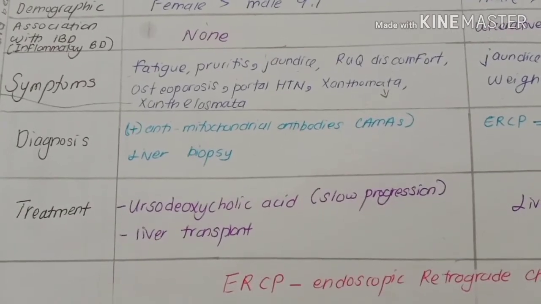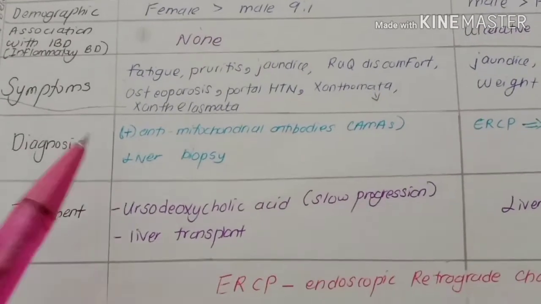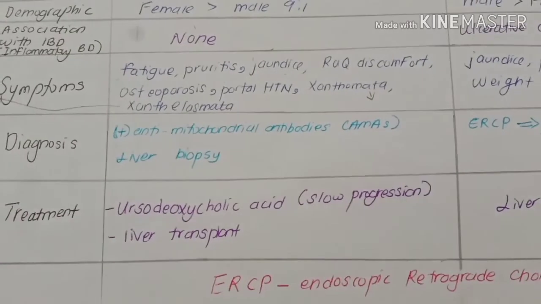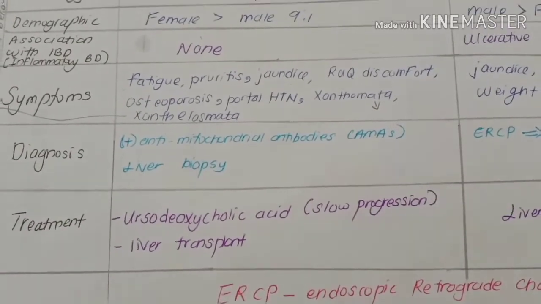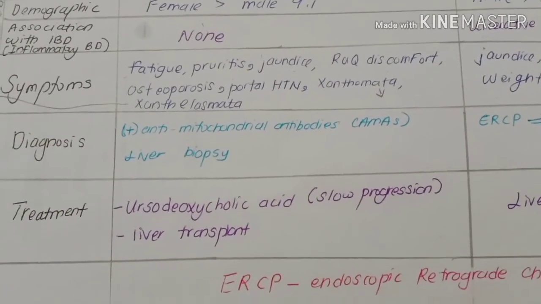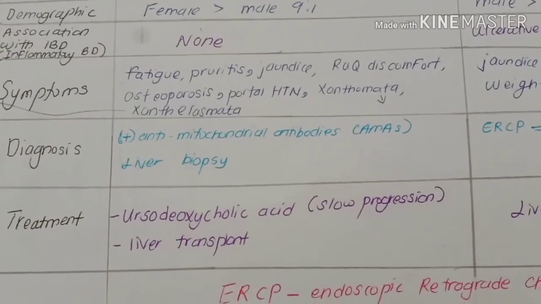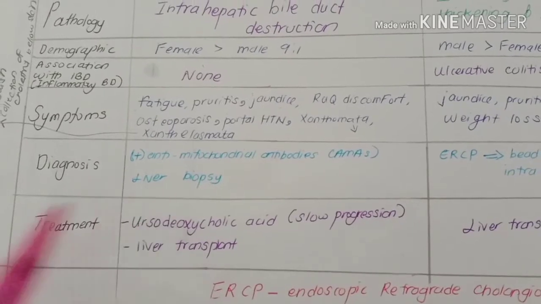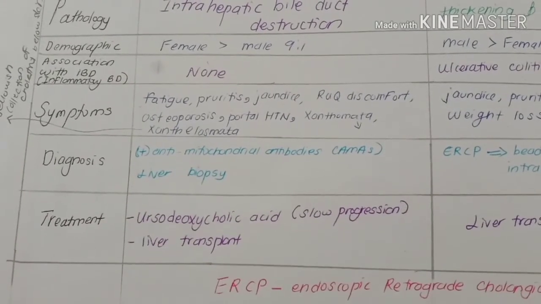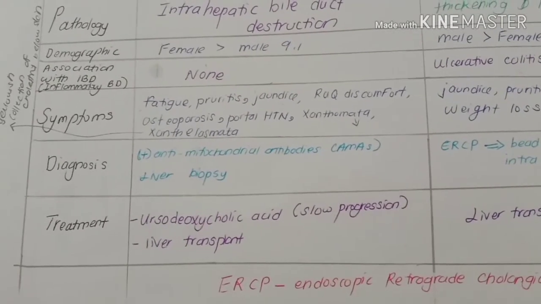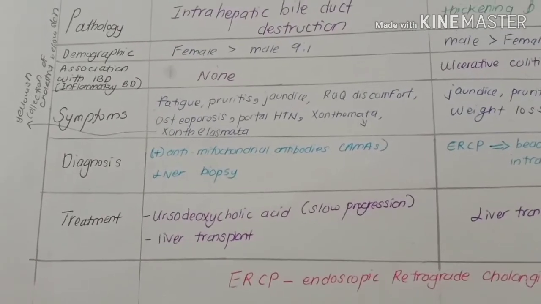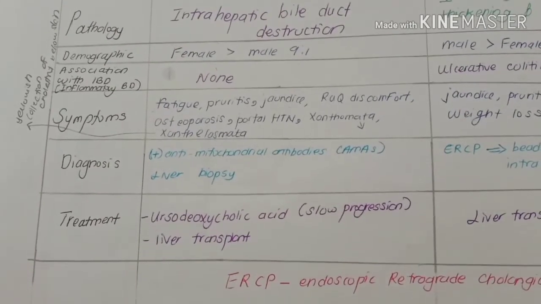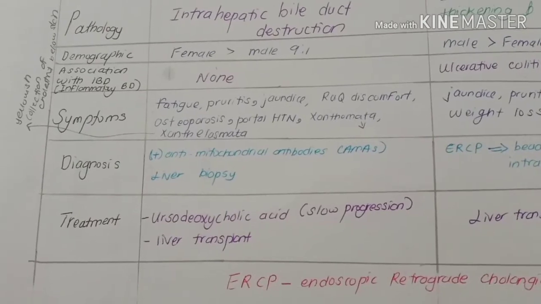So basically, if you have this liver disease, it will show positive for mitochondrial antibodies. Next will be the liver biopsy. For the liver biopsy, we remove small pieces of liver tissue, then examine them under the microscope for signs of damage or disease.